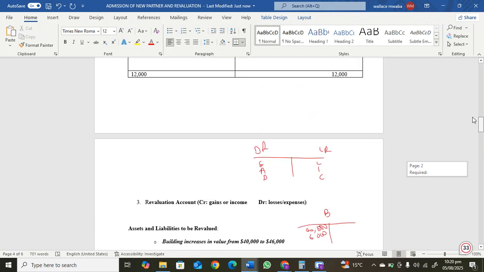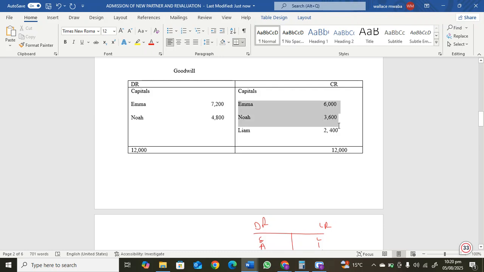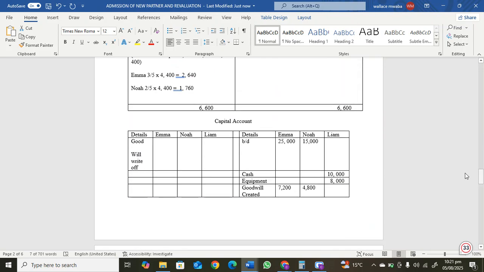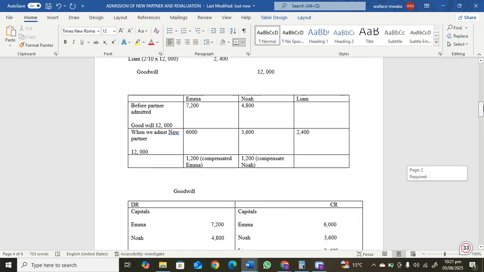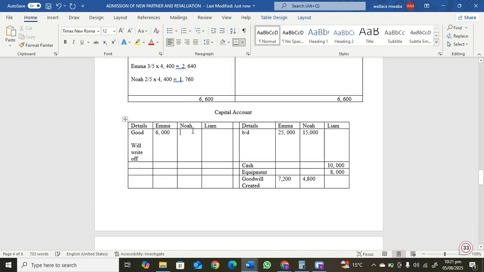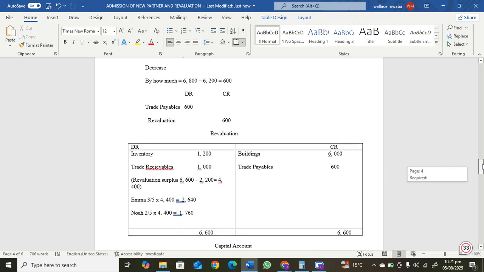These entries, which are on the credit side of the goodwill account, are going to appear on the debit side of the capital account. 6,000, 3,600, and 2,400. I don't think there are any other debit entries.